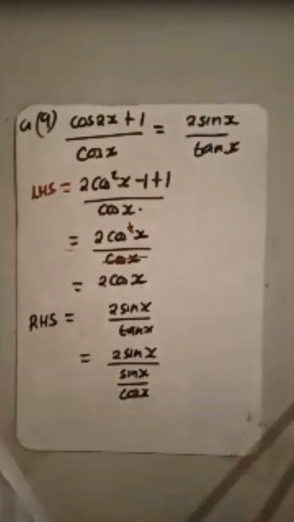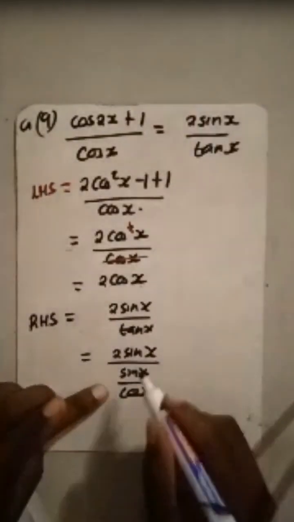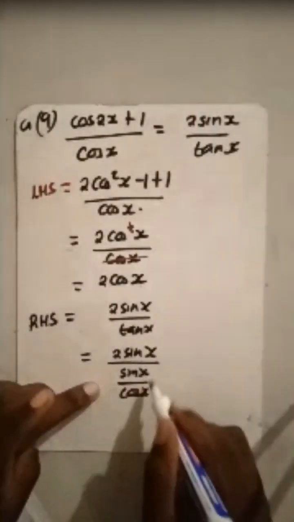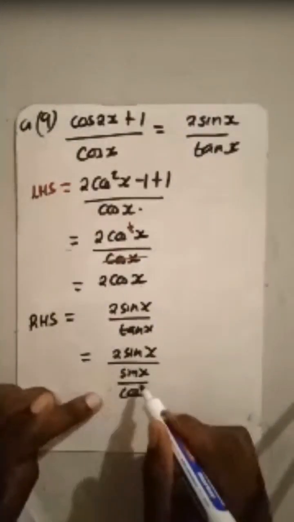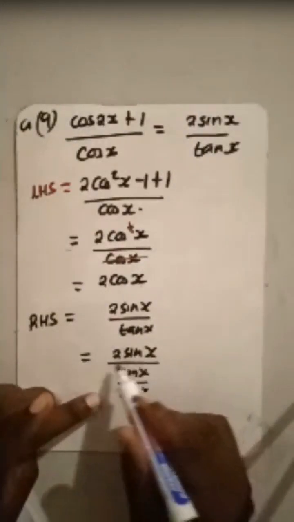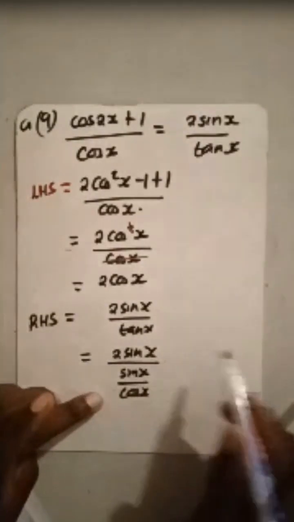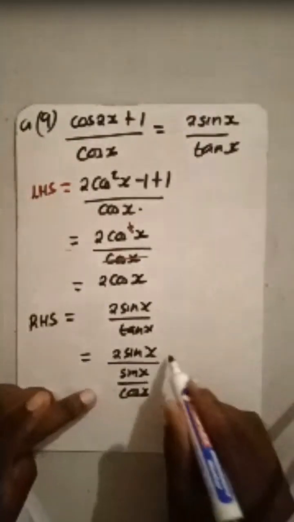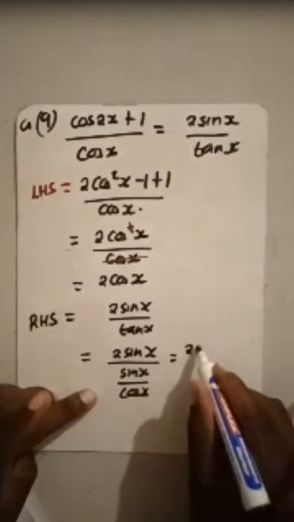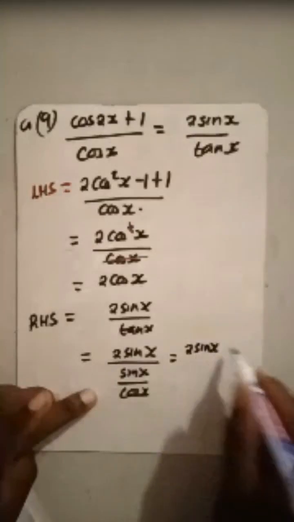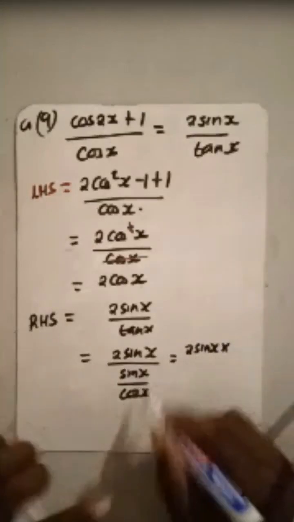Right. Guys, I want to tell you today that if you're dividing with fractions, you invert the divisor and change division into multiplication. So this is going to be 2 sine x multiplied by the inverted fraction.